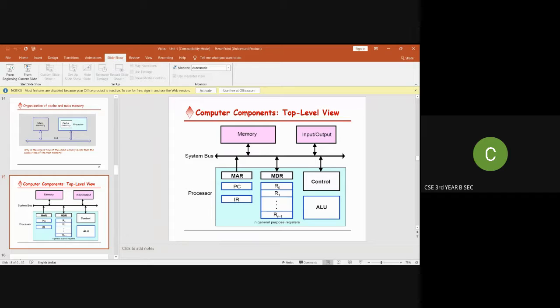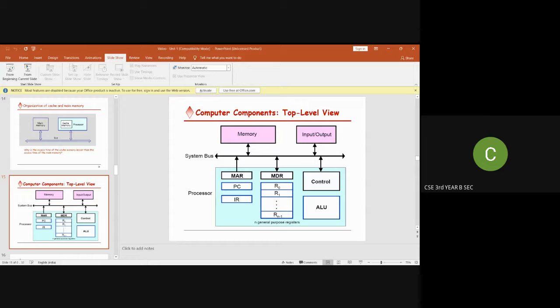So this is the way how the functional units and components of a computer are connected. There should be a main memory, memory system and input output units. So these things can be connected by a system bus to the processor.